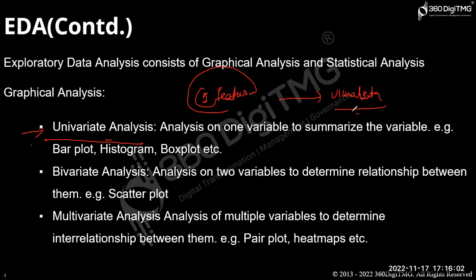What are the examples? Bar plot is univariate, and we have histogram, based on just one feature, whether it is salary, age, something numerical. Only for numerical data will we be able to do the histogram. So it is also univariate.